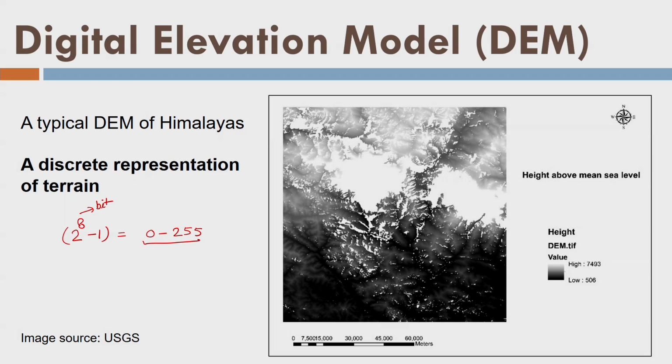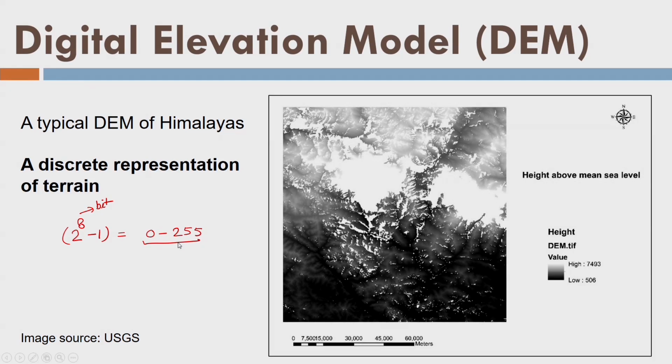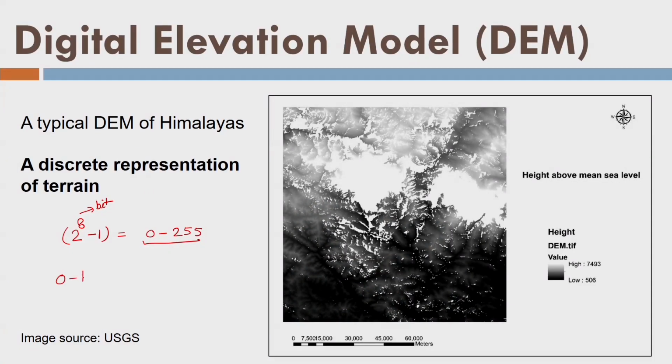The whole range of the elevation I will discretize into these bands from 0 to 255. Each of these bands will represent a certain range of height. I will assign each band one color, so 0 is black and 255 is white. According to the shade of gray, the height will vary.